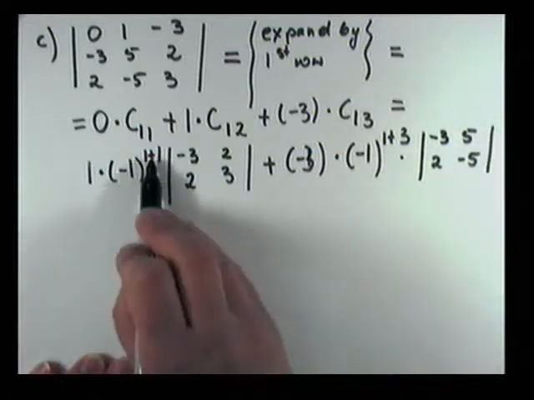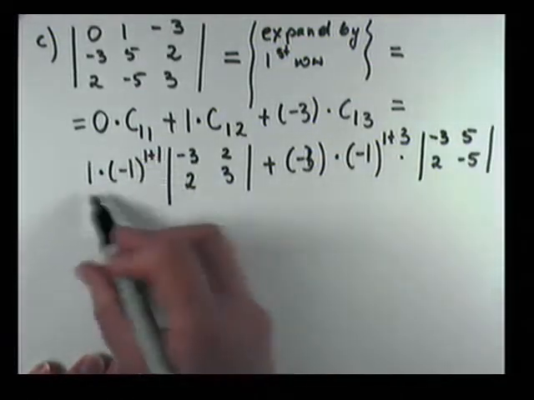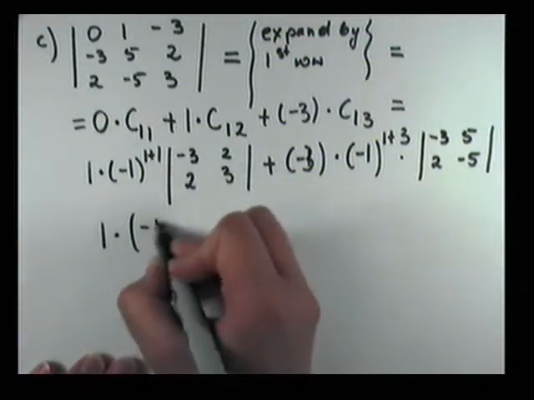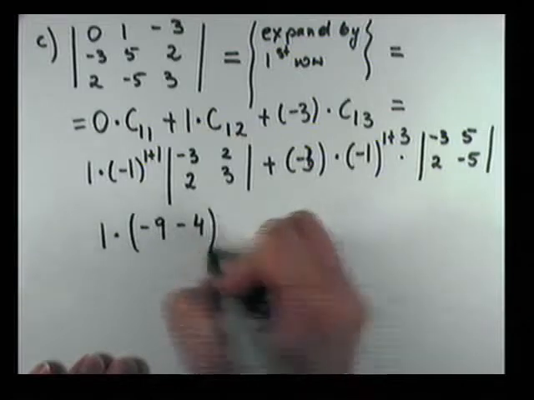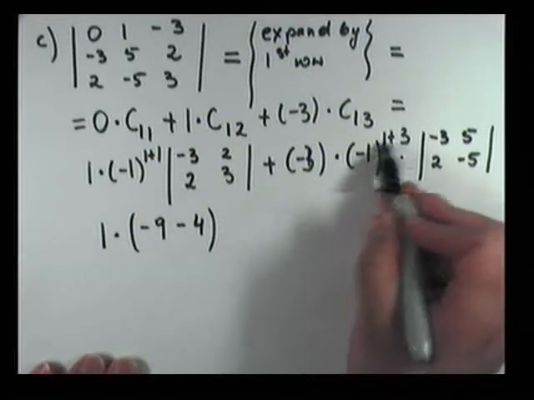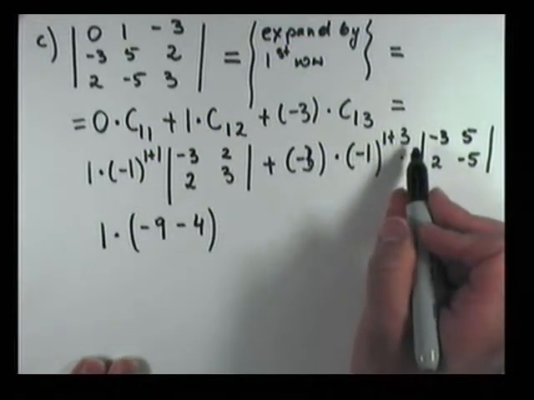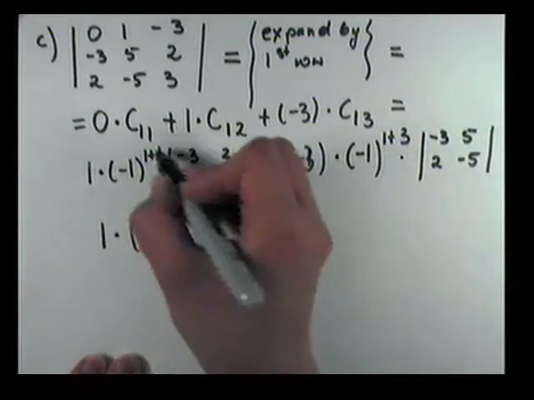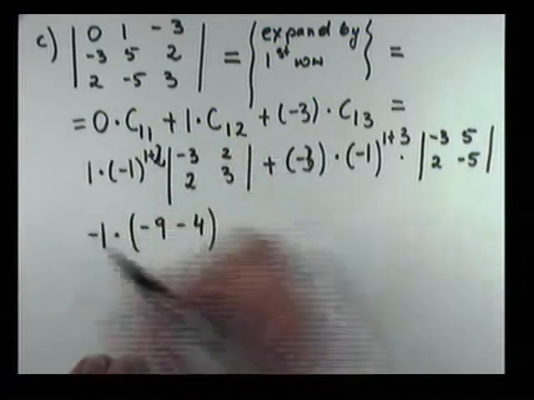So minus 1 to the power 2 is 1, so this is basically 1. Cross multiply is minus 9, minus 4. Here is minus 1 to the power 4. Here we have a mistake, 1 and 2, here should be 2, so here we should have minus 1.